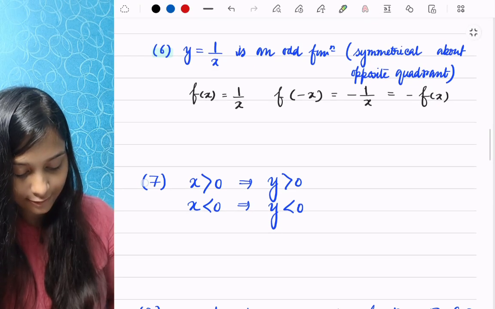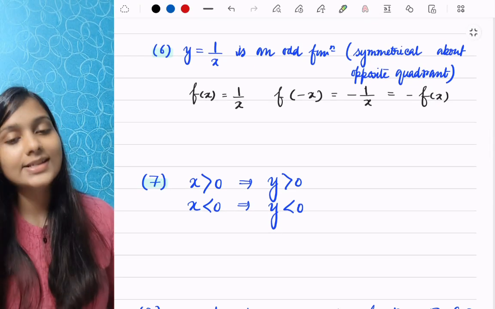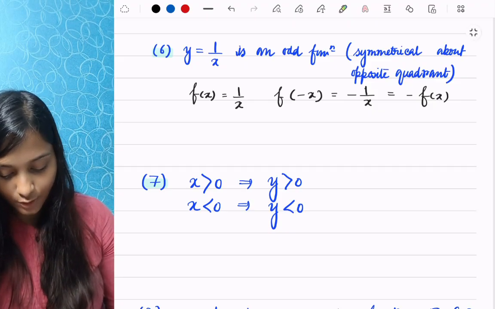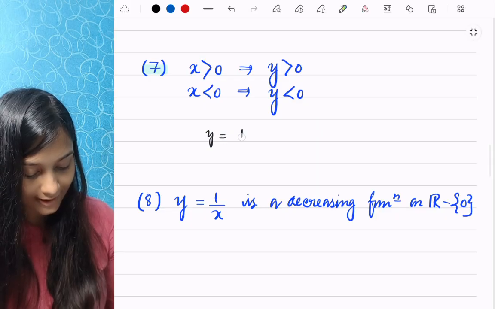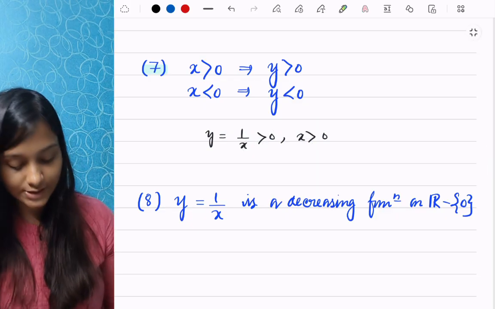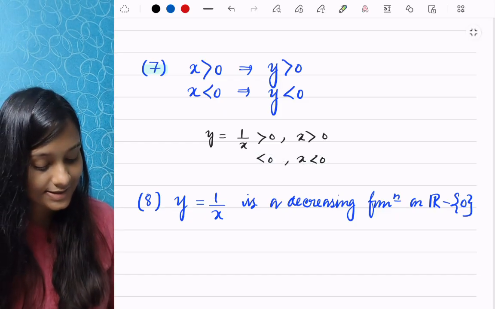Next is if x is greater than 0, y is greater than 0, and if x is less than 0, y is less than 0. So here it is obvious, as y equals 1 by x, and it will be positive if x is positive, and this will be negative if x is negative. So what does it say?